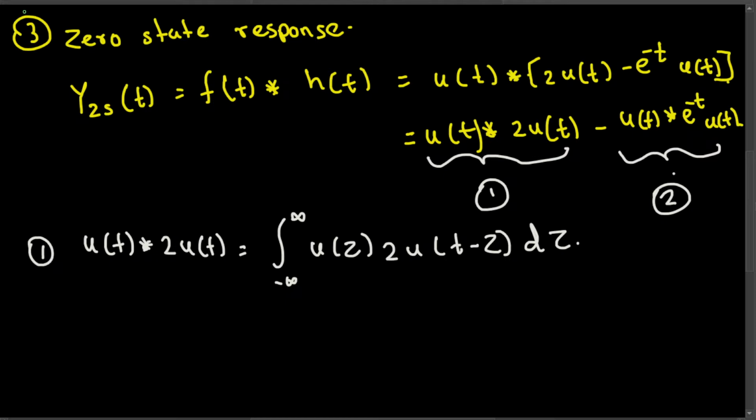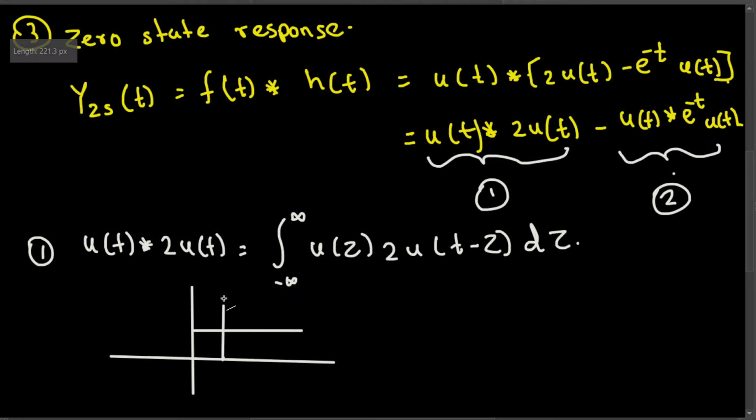And if I draw the graph for this one, the graph for u of t just looks like this, and 2 u of t minus tau is time reversed, so it's going to go to the opposite side, but it's also 2 times higher, so the height is going to be 2 right here, and it goes in the opposite direction. So this is how it's going to look.